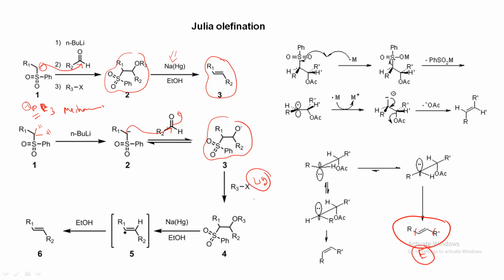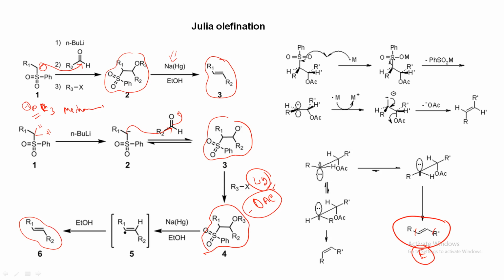Generally OAc, OBz and OTs are good leaving groups, right? So after generation of this molecule 4, the sodium amalgam is added to the reaction mixture, and the sulfone and the OR3 are removed, and this alkene moiety is formed, and the relationship is E. So let's see how this E geometry is forming.